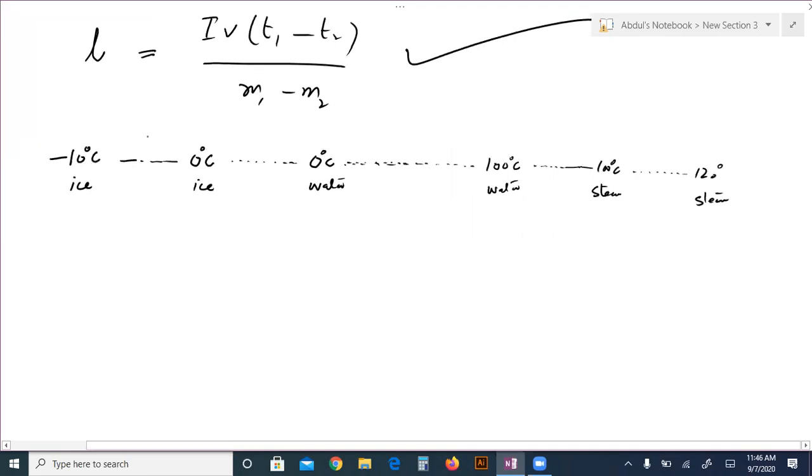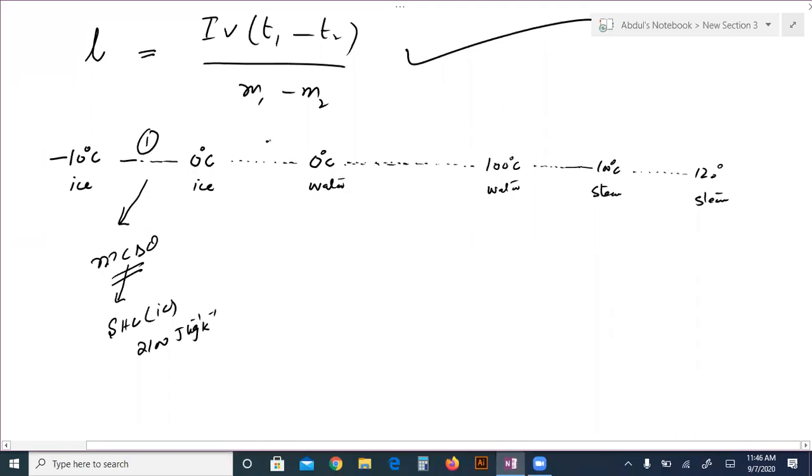So number one here, temperature is changing. So we will write the formula linked with mc delta theta. And this c is the specific heat capacity of ice, which is approximately 2100 joule per kg Kelvin.